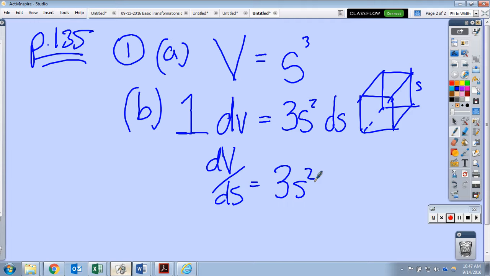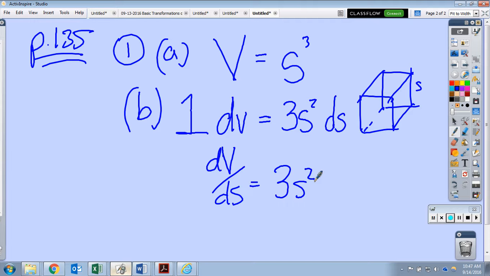So I'm just discussing number 1, which may lead into C. This is going to tie into part D. But I'm just saying that as the side length increases, the rate of change of the volume increases. You can see that here, right? You imagine it's a parabola, concave up. If the side length is 1, then it's going to be just 3.